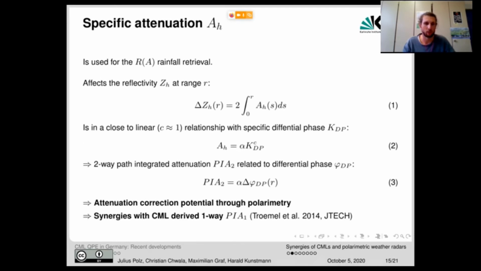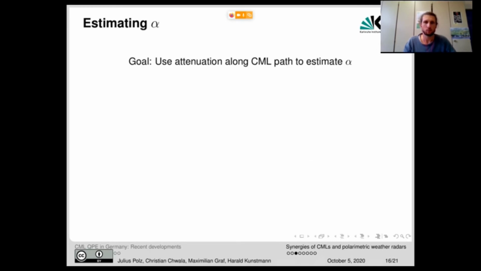But those we already heard voices of today. And now I'm again focusing on this factor alpha a bit. So we want to estimate alpha, and we want to exploit this CML attenuation along the link path.